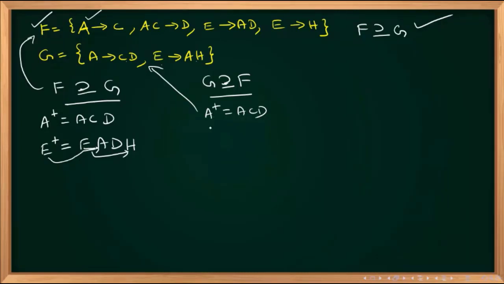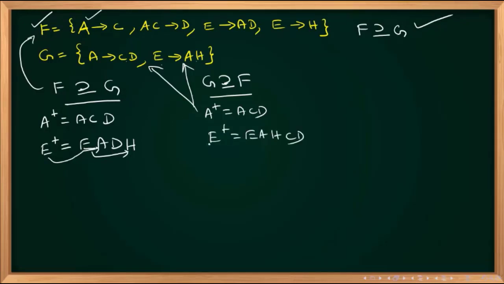Next one is AC to D, which I'll do later. Now E gives AD, we have to check. So I will again take E closure. E closure equals E, A, H, and A gives CD.